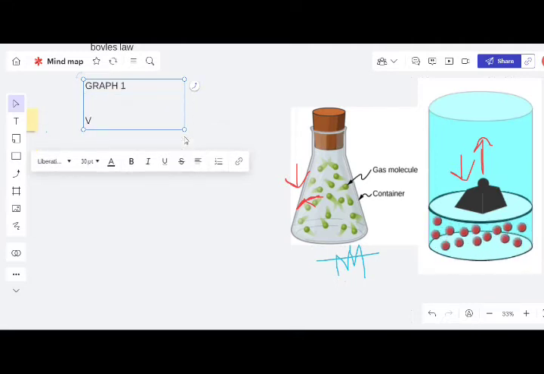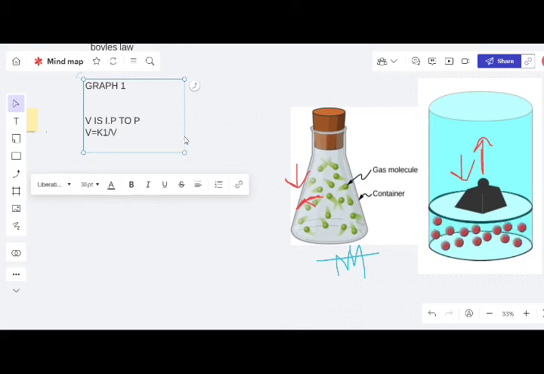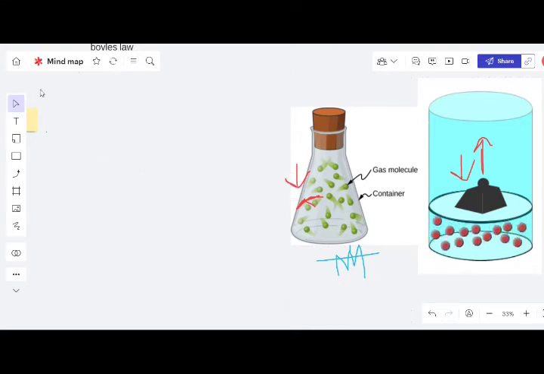We know that volume is inversely proportional to pressure. Oops, let me write it again. No problem.